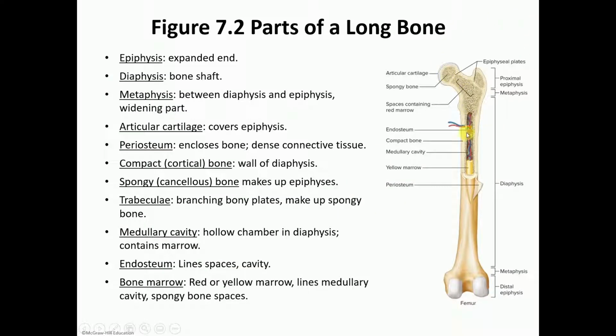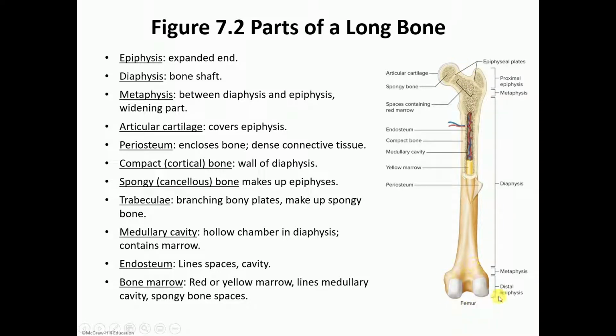Now for the different parts of a long bone, it has this long shaft known as the diaphysis, and then the 2 ends known as the epiphyses. This right here is the femur, which is the long bone of the thigh. So this epiphysis will be connected to the pelvic bone to become the hip joint.